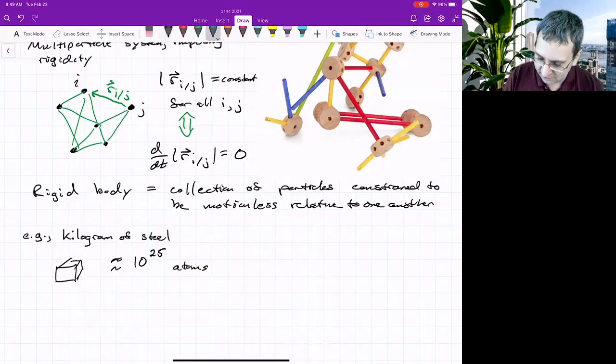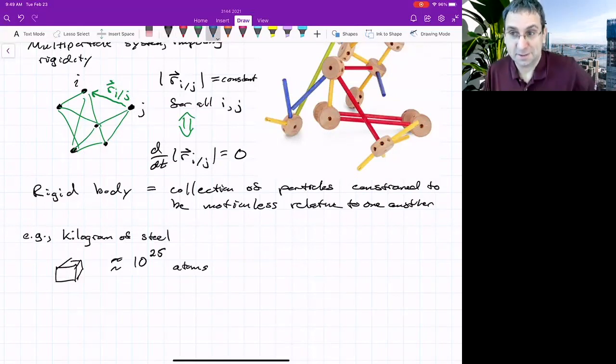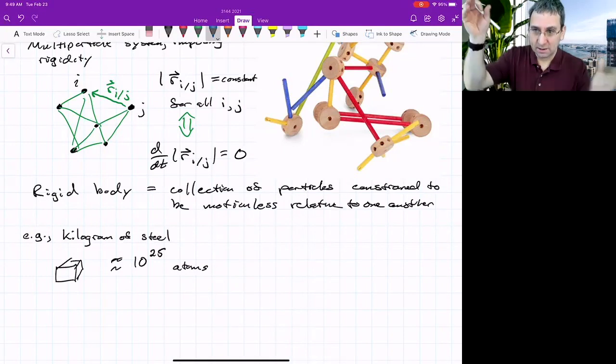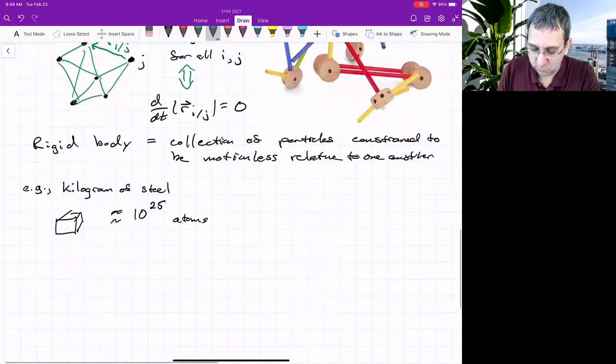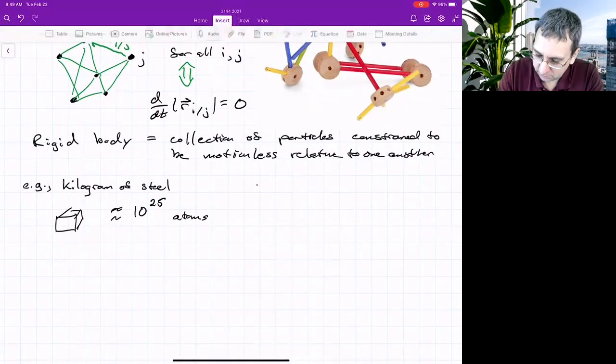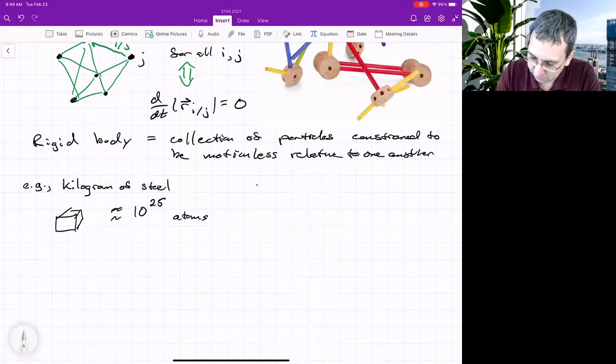So the nice thing is that nature conspires through rigidity to simplify this for us. So instead of having to deal with 3 times 10 to the 25th X, Y, and Z coordinates, we have much fewer. At some level, matter does look like Tinker toys.